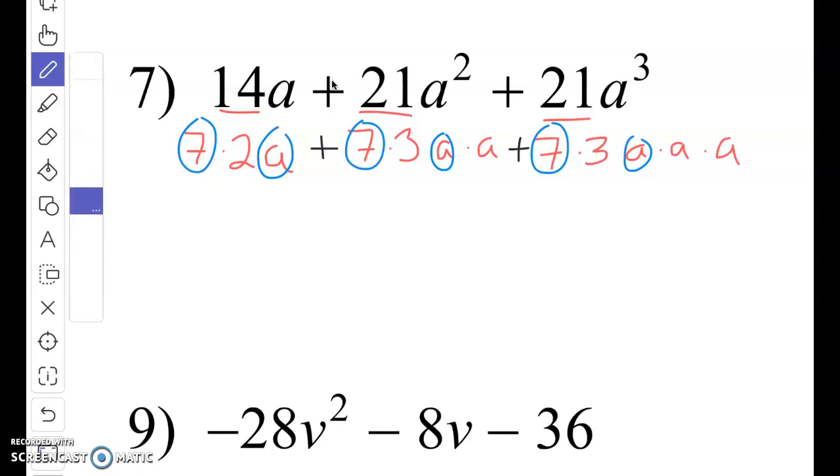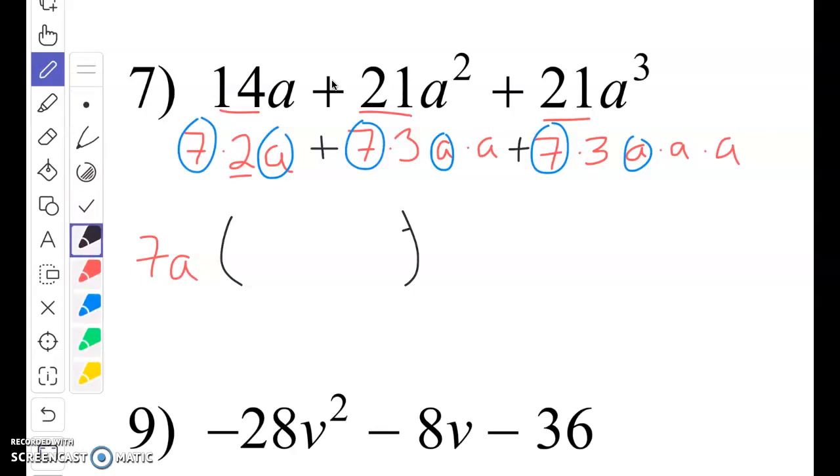So I'm going to put my parentheses down. And the greatest common factor goes out front, which is 7A. And then the parts that are left, in the first part, there's a 2 that I didn't deal with.